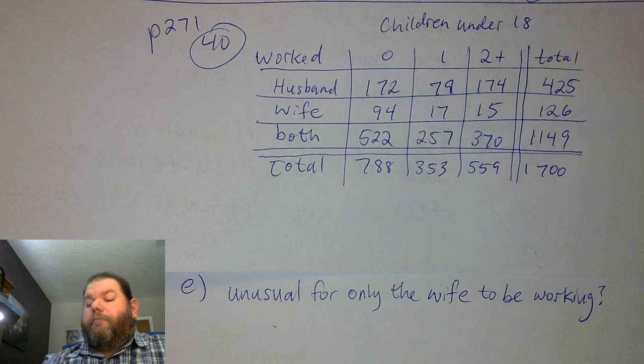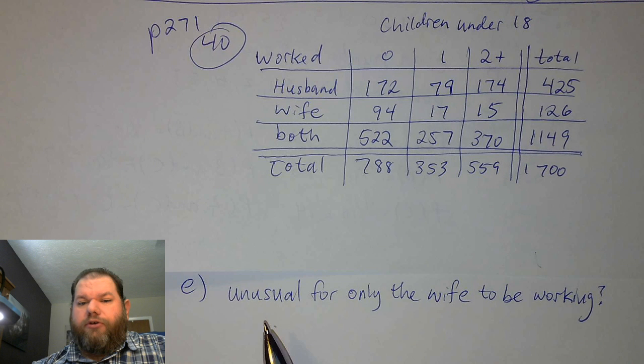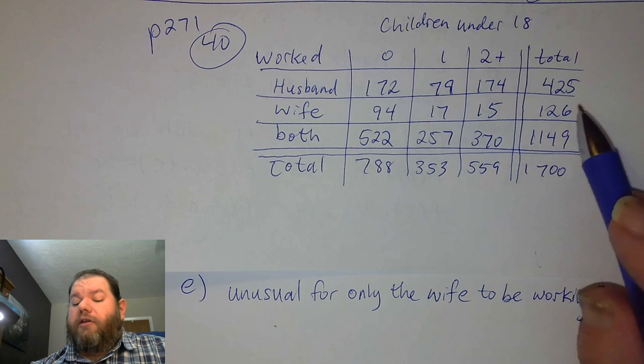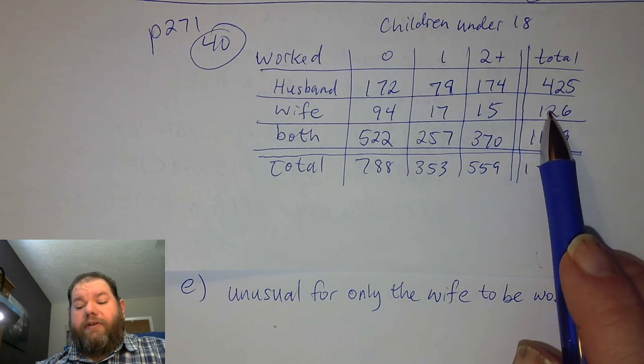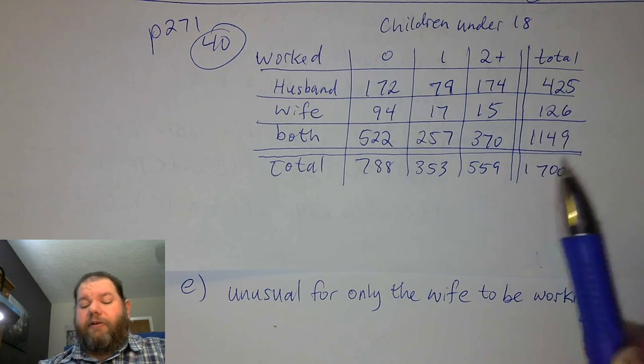Now, remember last time we said unusual will be basically less than 5%, so we'll have to calculate the probability where only the wife is working, which is the 126 times that happened out of the 1700.